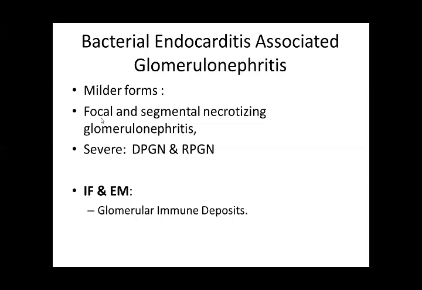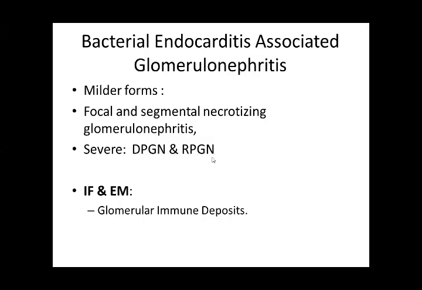So, in milder form, focal and segmental necrotizing glomerulonephritis. In severe form, there is diffuse proliferating glomerulonephritis and rapidly progressive glomerulonephritis. You are well familiar with rapidly progressive glomerulonephritis, but what is diffuse proliferative glomerulonephritis? It is the mesangium, the endothelial cells, and the epithelial cells all undergoing proliferation, in a diffuse manner, not a focal manner, in the whole of the kidney.